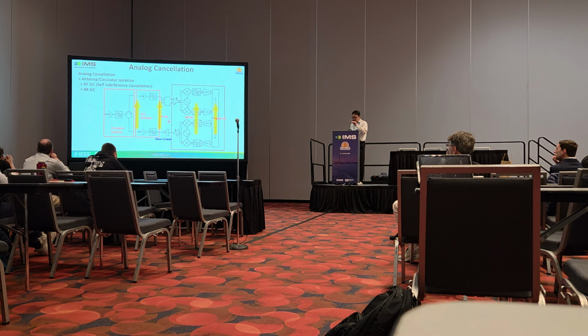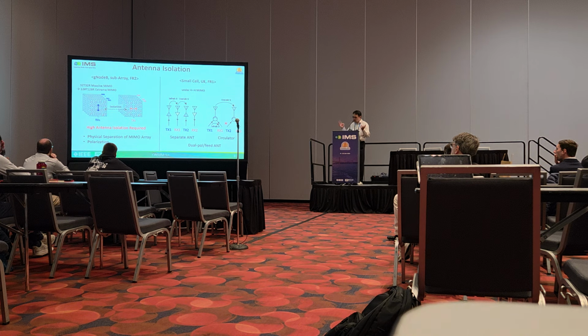So this is the cancellation for the in-band full duplex, sub-band full duplex, or advanced duplex system. We need the cancellation at the propagation domain, antenna or circulator, and there is RF cancellation required, and some baseband circuit cancellation and digital cancellation are possible.